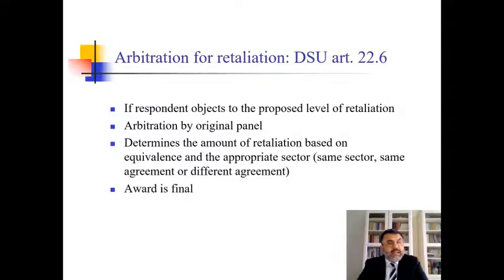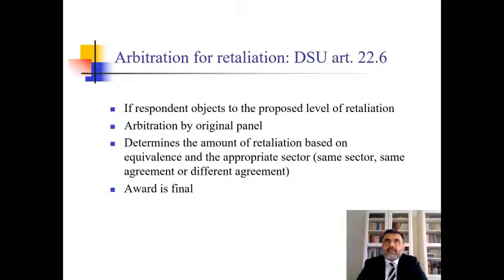Now, when the issue is referred to arbitration, often, as I said, the main task of these arbitral proceedings is to decide the equivalent level of retaliation, the equivalent level of nullification or impairment.